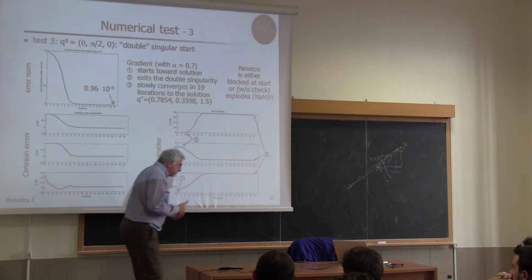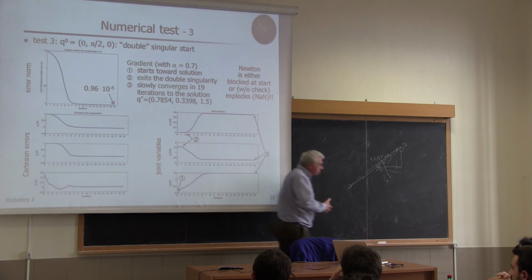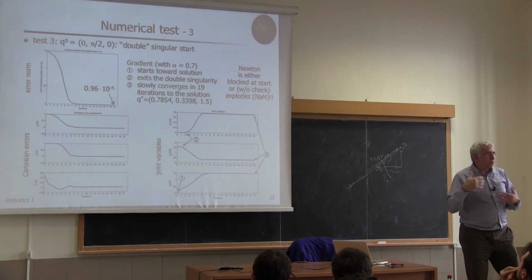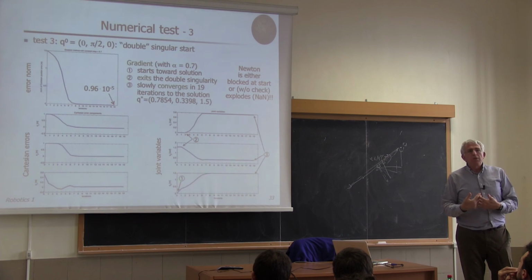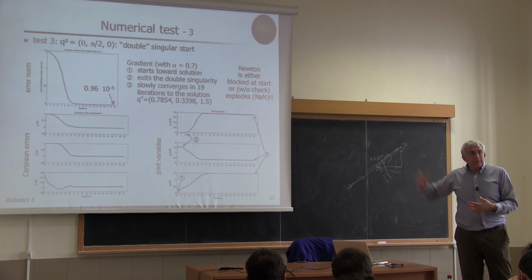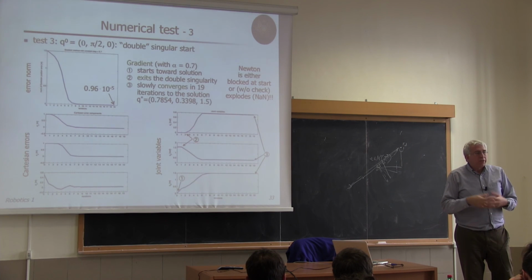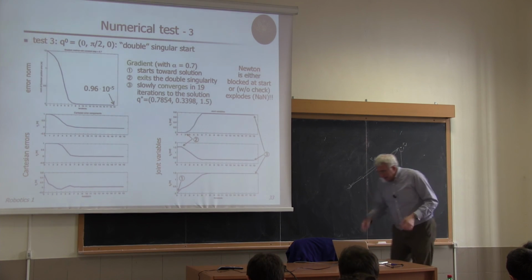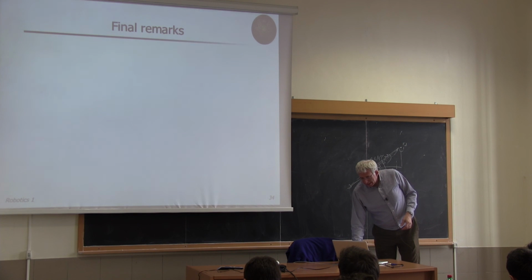You can see that here I started in a singular situation because I wanted to show some strange effect. But in general, you start, like in the first test, from some configuration, and you don't know how close you are, so you may need some combining method.